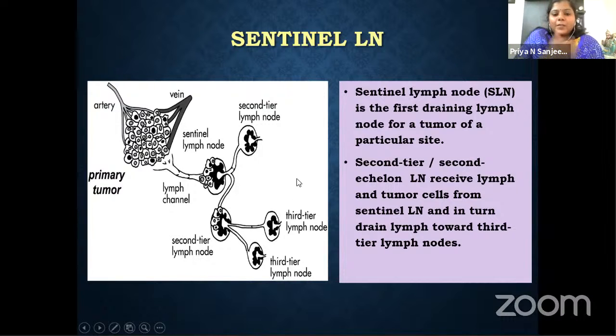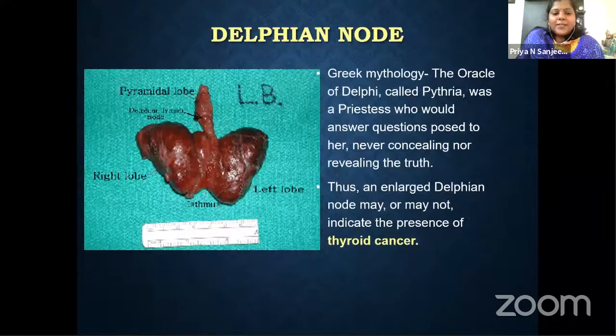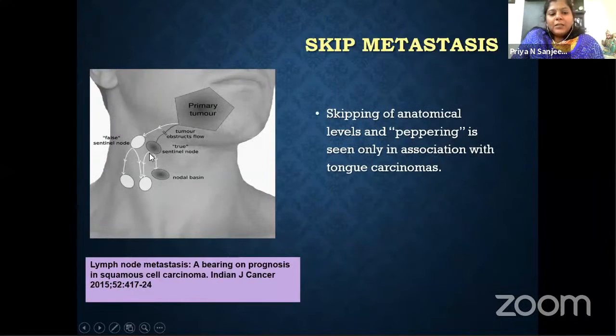But the second question was about micrometastasis. Sometimes there can be obstruction in the lymph flow along the path from the primary focus to the first draining lymph node. That obstruction can make the metastatic cells go into a different basin. So there will be a formation of a false sentinel lymph node, and the true sentinel lymph nodes are left out.